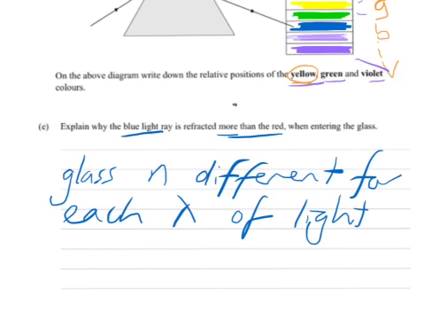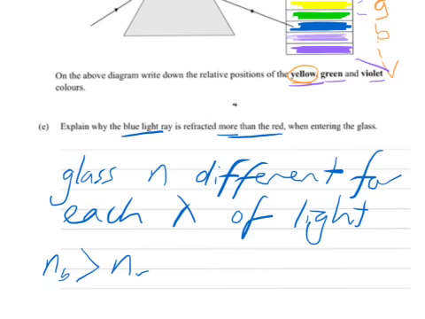And so the refractive index for the blue is actually going to be greater than the refractive index for the red. And so it'll bend more, because remember, the greater the refractive index, the greater the bending.